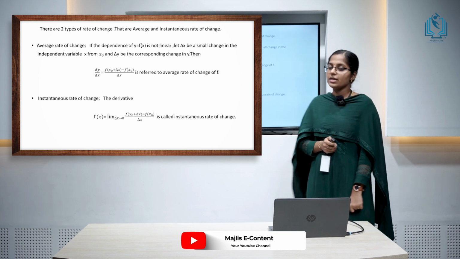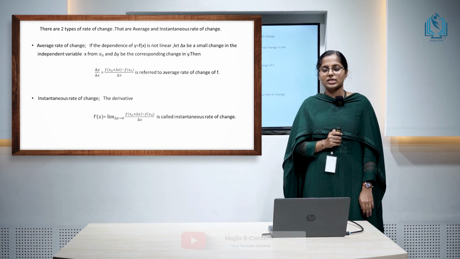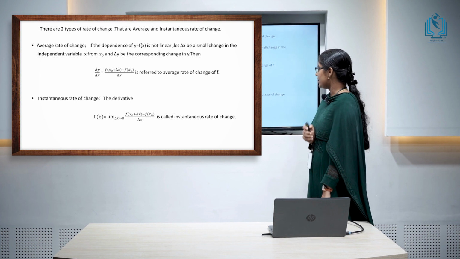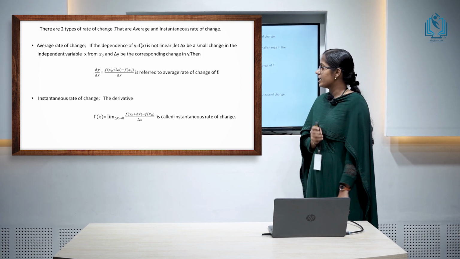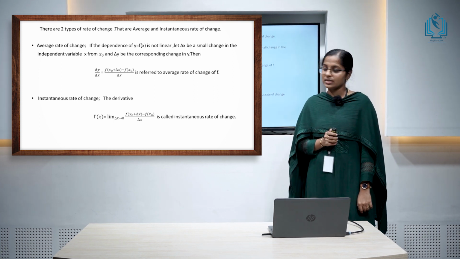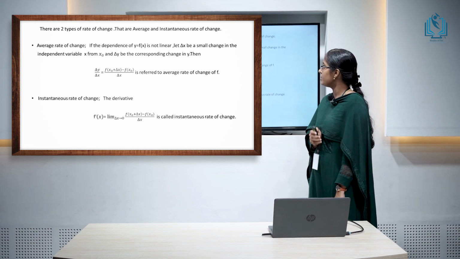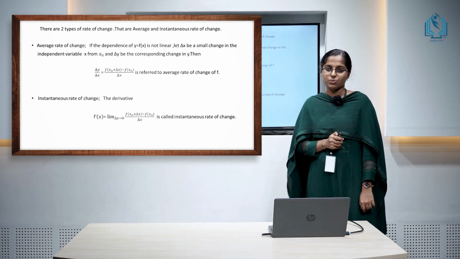If the dependence of y equals f of x is not linear, let delta x be a small change in x and delta y be the corresponding change in y.